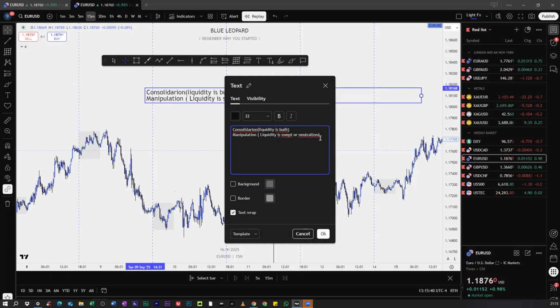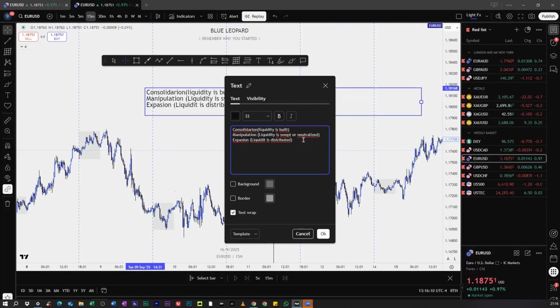Do you see that? And then after manipulation, you have an expansion. And what does that mean? Now liquidity is distributed. Okay?